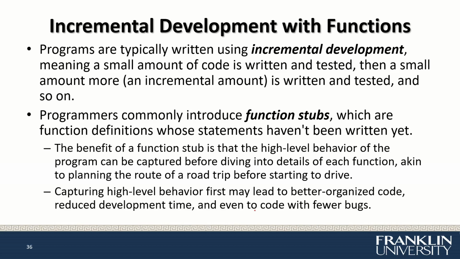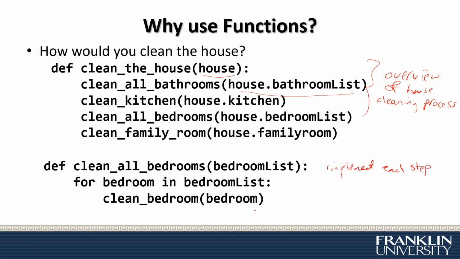And to do so, programmers commonly introduce function stubs, which are function definitions whose statements haven't been written yet. The benefit of the function stub is that at the high level, you can see the behavior of the program without diving into the details of each function. And this is very similar to what I show here.